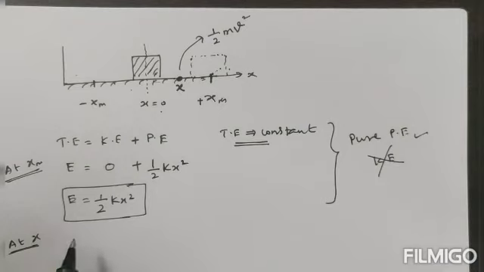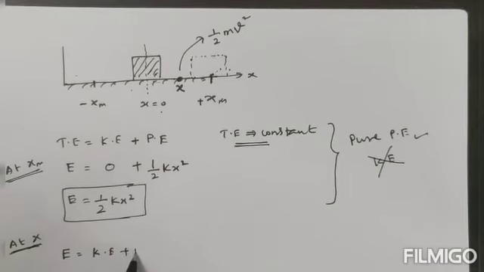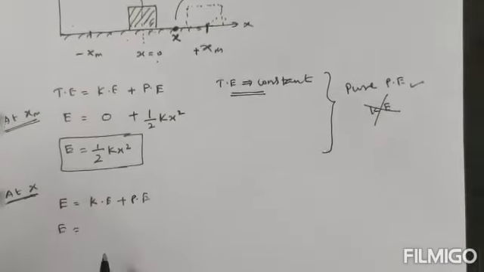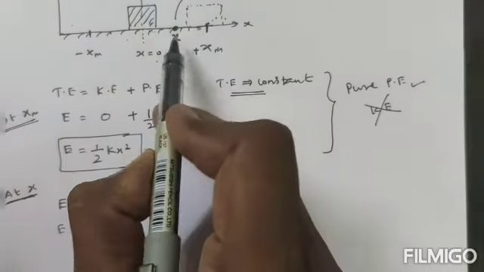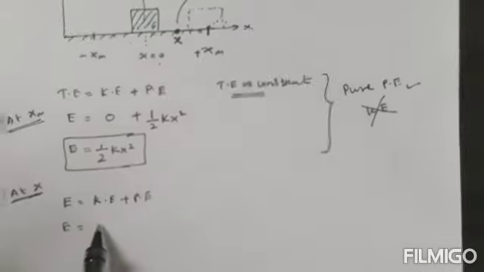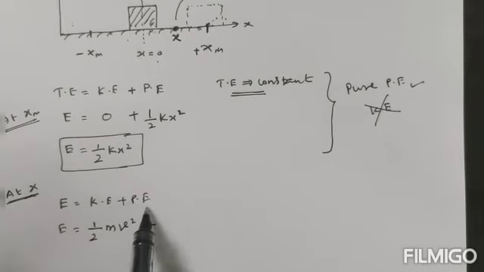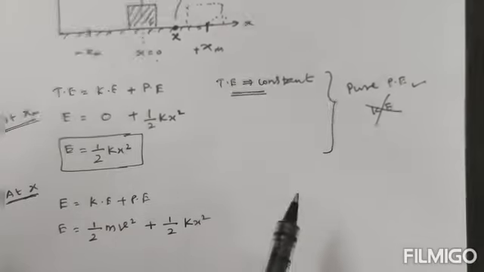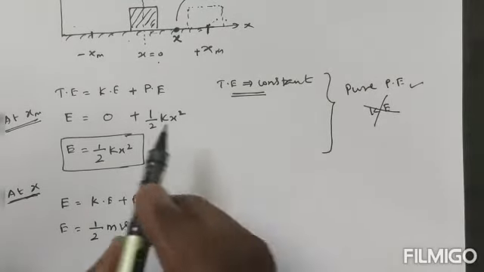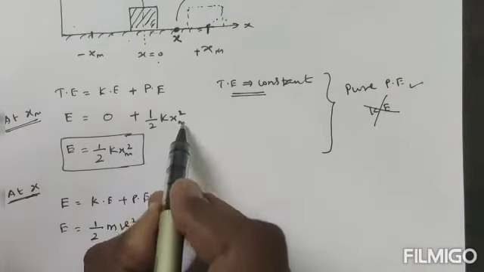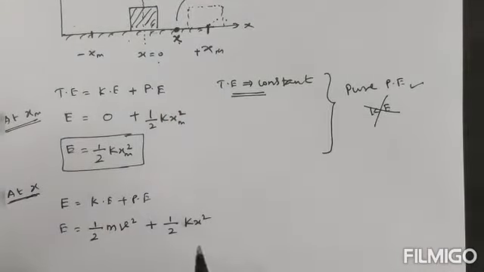So at x we can write the total energy again as kinetic energy plus potential energy, and the total energy must be constant. The kinetic energy of the particle is half m small v squared, plus the potential energy, which is half k x squared. Here xm was used earlier, but in this position the potential energy uses just x squared.